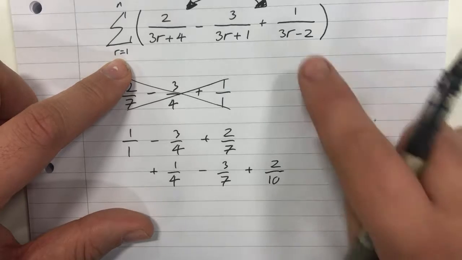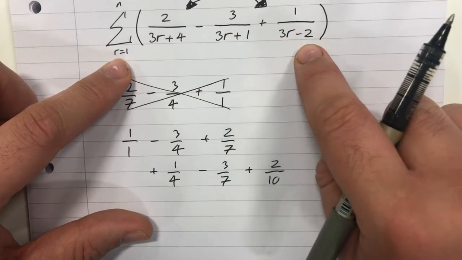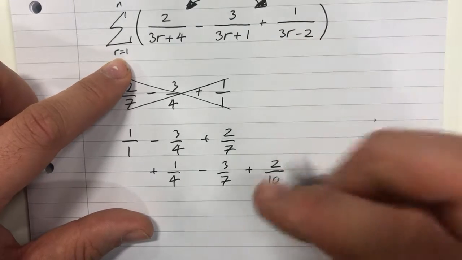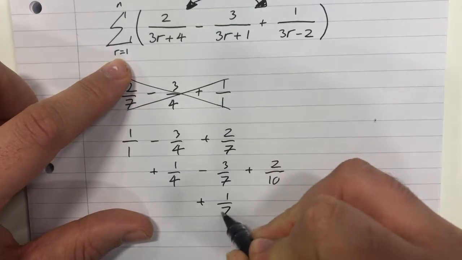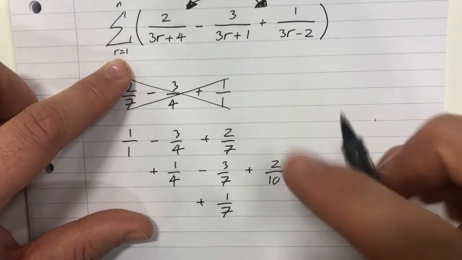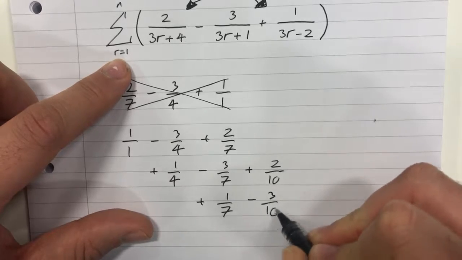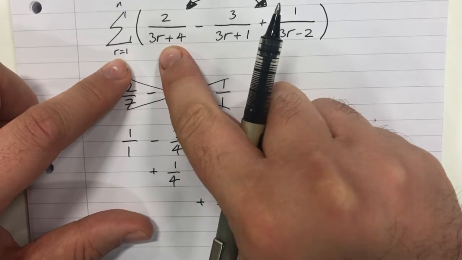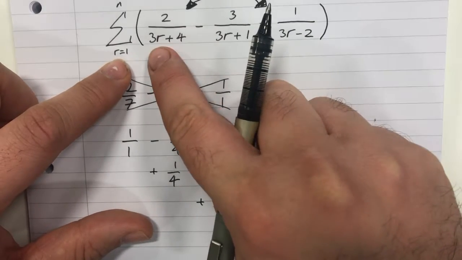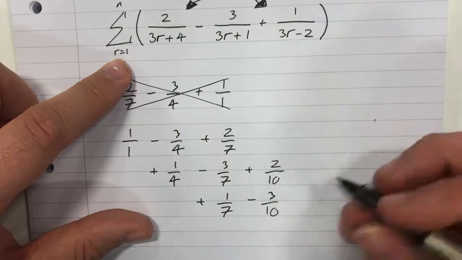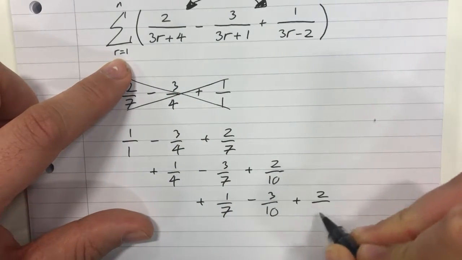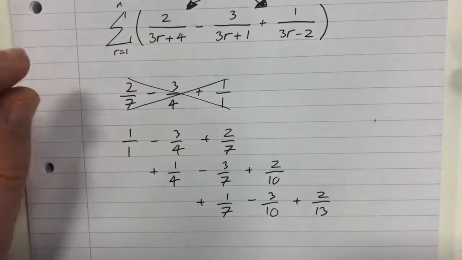Plug in r is 3, I'll get plus 1/7 minus 3/10 plus 2/13. And that should be enough to hopefully spot the pattern.